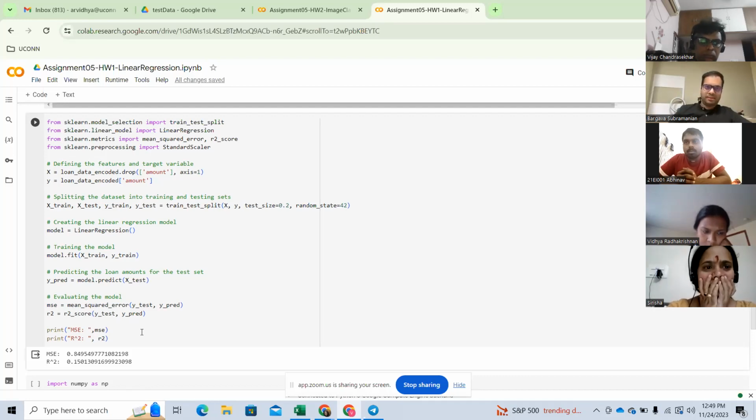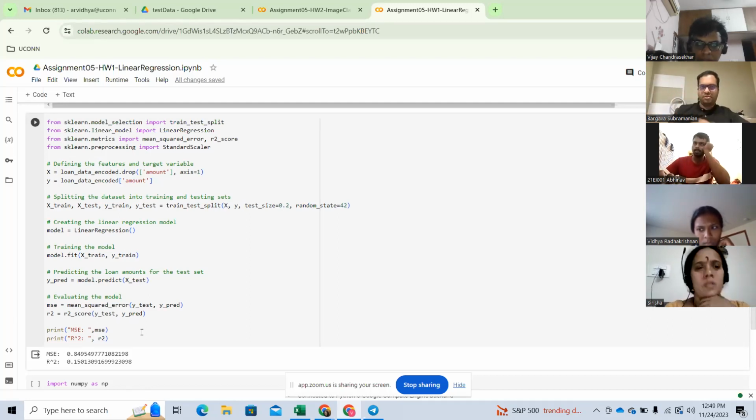That's what R square tells. So closer to 1 is good, closer to 0 is bad, because closer to 0 means a linear line is unable to explain how my target moves with respect to features. So it's not a good model.